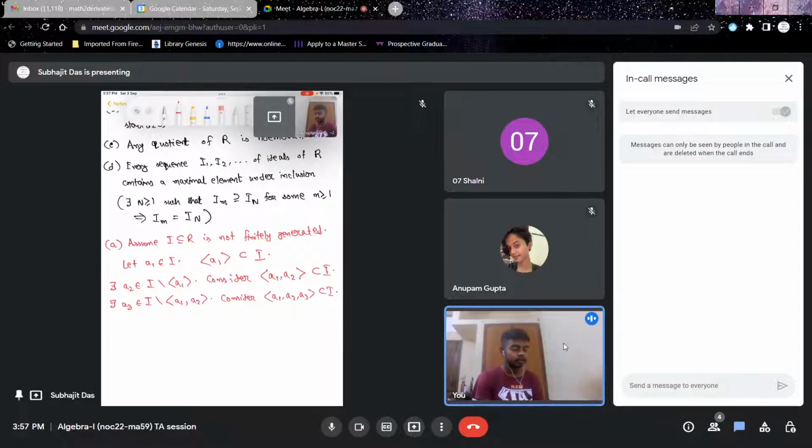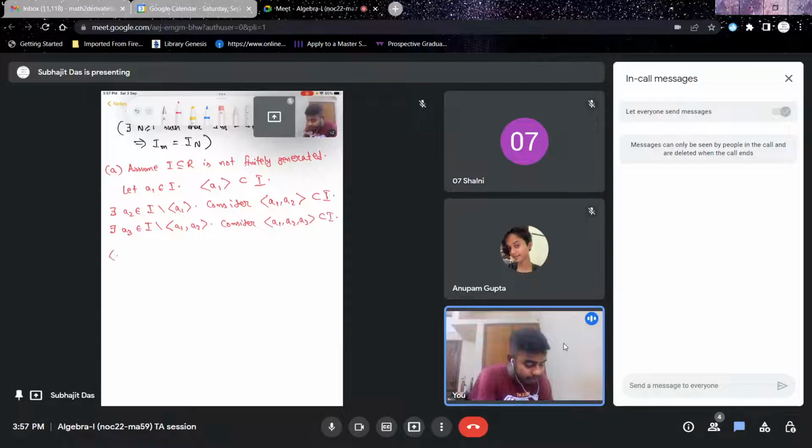If you keep on doing this, you get a strictly increasing chain, a sequence of ideals generated by A1, then A1, A2, then A1, A2, A3, and so on.